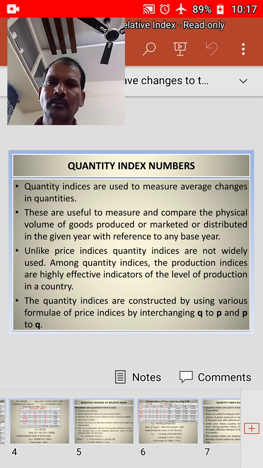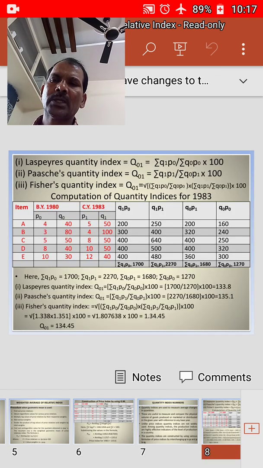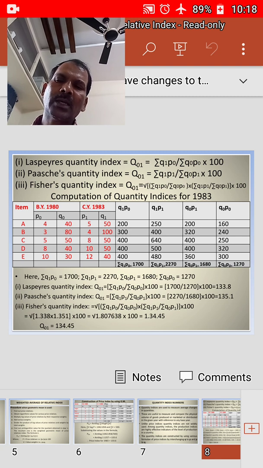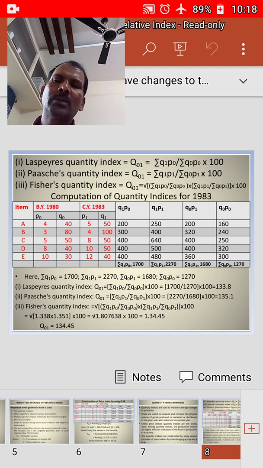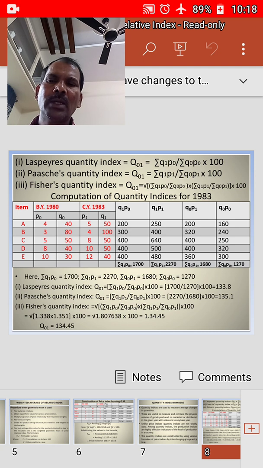As we will see, first is Laspeyres quantity index Q01, whereas in P01 we have sigma P1 Q0 by sigma P0 Q0. Here we replace P with Q and Q with P. Q01 is equal to sigma Q1 P0 by sigma Q0 P0 into 100.